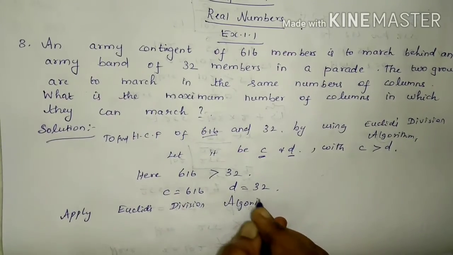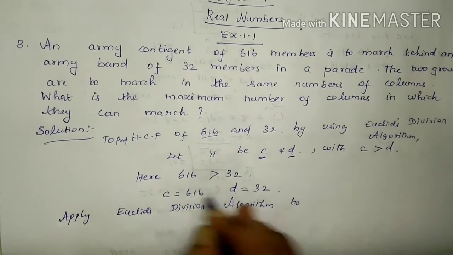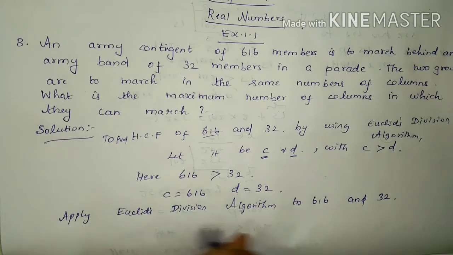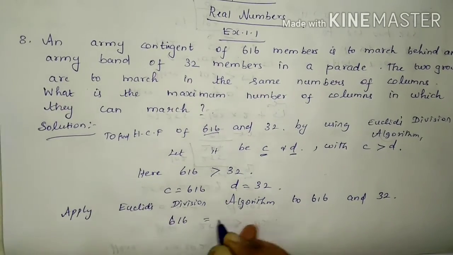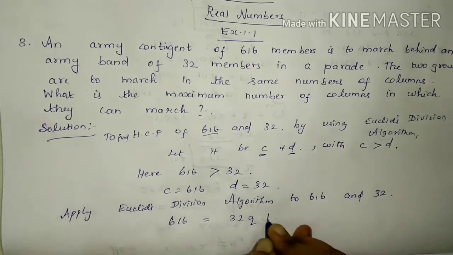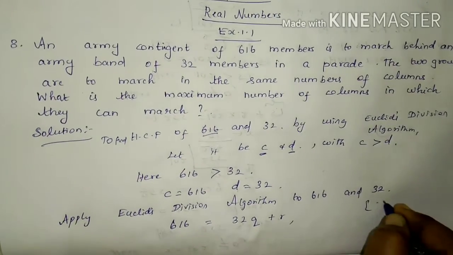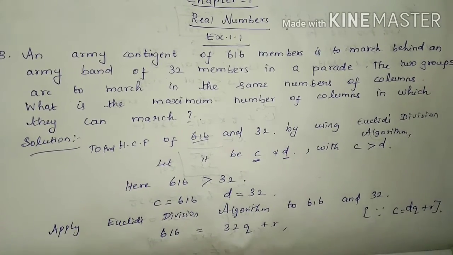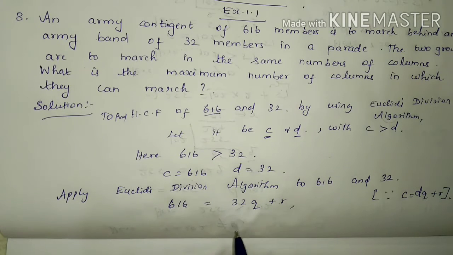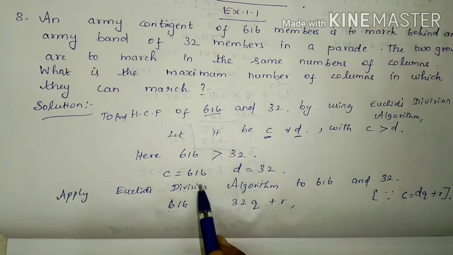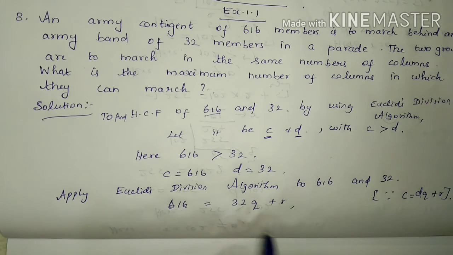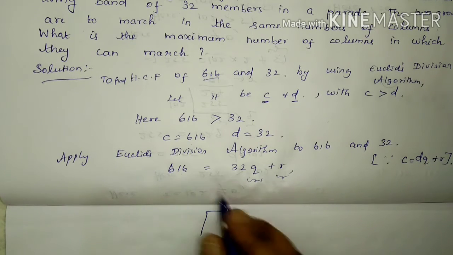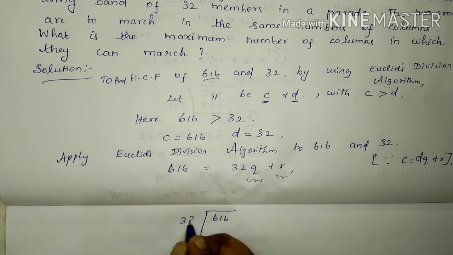Applying Euclid's division algorithm to these two integers 616 and 32, we can write 616 equal to 32 into Q plus R, since in Euclid's division algorithm we write C equals D into Q plus R. To find the values of Q and R, we divide 616 by 32.